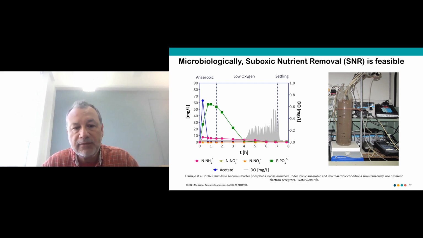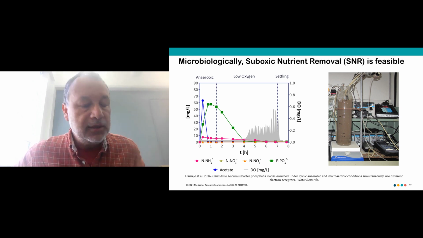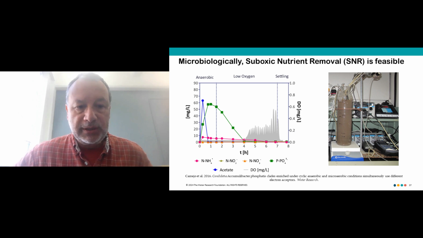But during the active consumption of the organic matter by the microorganisms, so the first 4 hours here, or from 1.5 to 4 hours, the oxygen was pretty much undetectable. It was 0.05 or something like that.